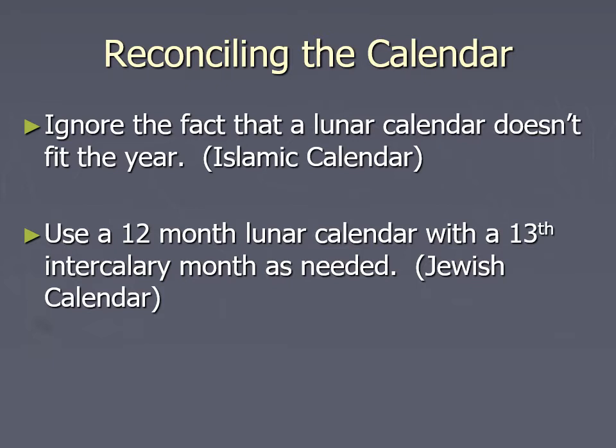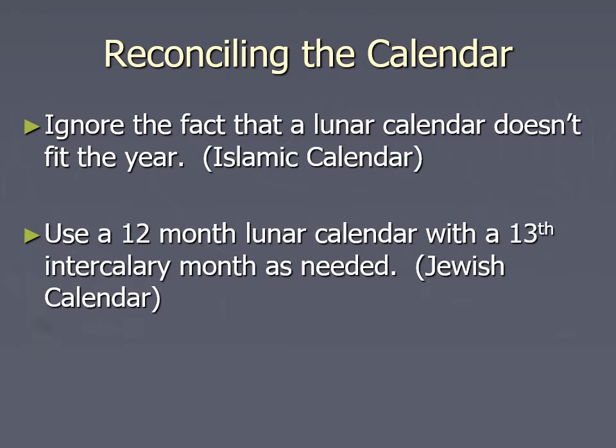And the extra month is inserted sort of midway through, but it's inserted so that the year does not start too early. So the new year would start after the autumnal equinox, and if you realize that it's going to happen too early, then what you do is stick an extra month into the calendar, and so that reconciles it.